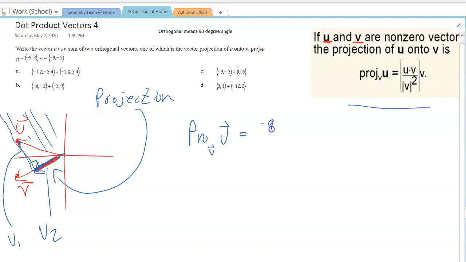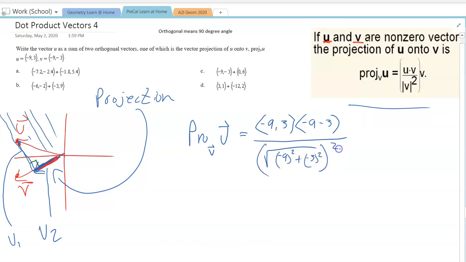U is negative 9, 3, over the magnitude of v squared, so square root of negative 9 squared plus negative 3 squared, and then this whole thing is going to get multiplied by negative 9, negative 3.